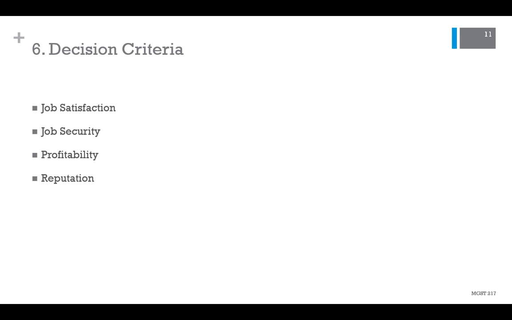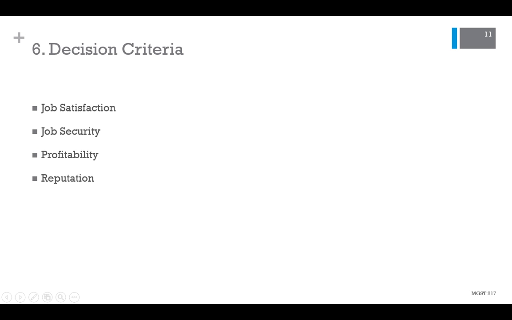Even if he was taking a look at reputation as his decision criteria, it certainly would hurt his reputation. His job satisfaction, perhaps, if he does get another job. But on the other hand, if he's constantly looking for another job and not really paying attention to the job in front of him, he might not be happy either way.